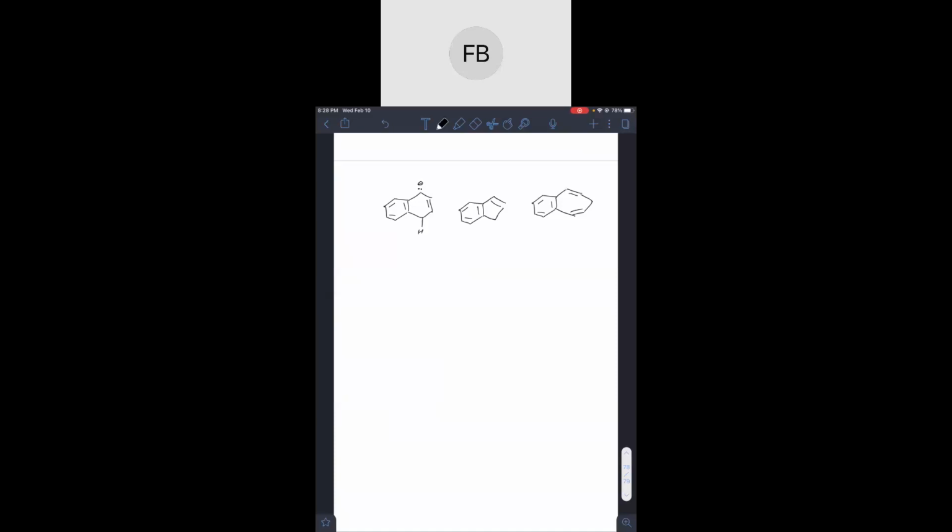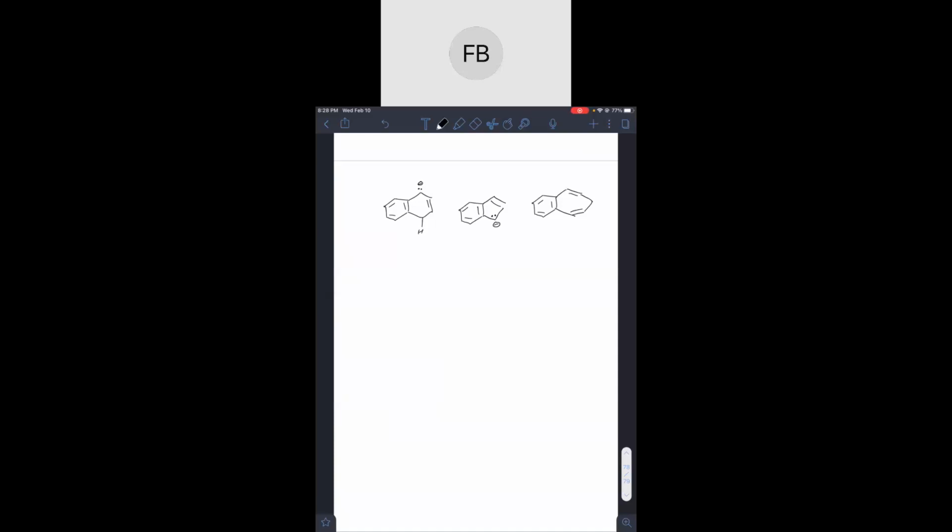Second one, there's this hydrogen to lose. I'm going to erase it. We take it away, now it's a negative charge. And that looks like it's going to be aromatic. Number one, it's conjugated all the way through.